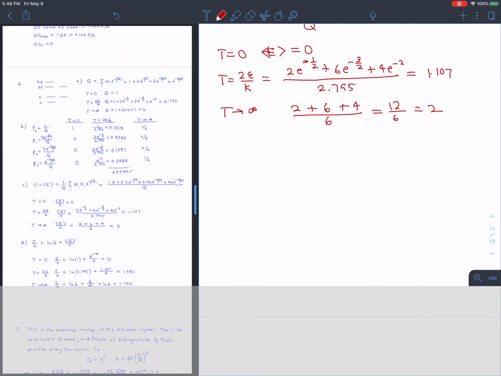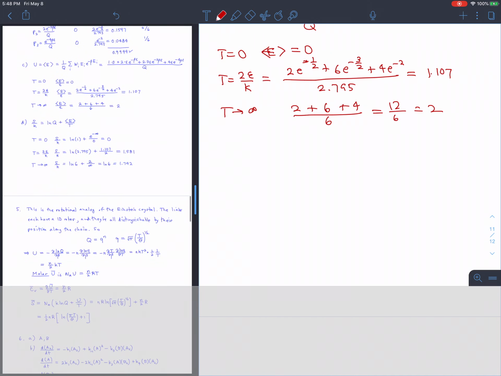All right, what's next? D, finally, is the entropy. As in earlier problems, we're looking for entropy divided by k, and that is equal to the log of Q plus the energy divided by kT.